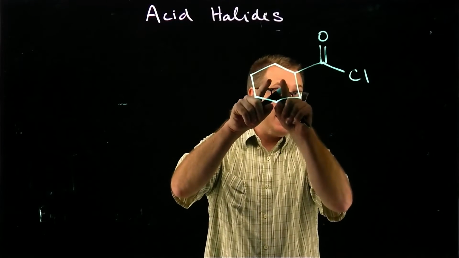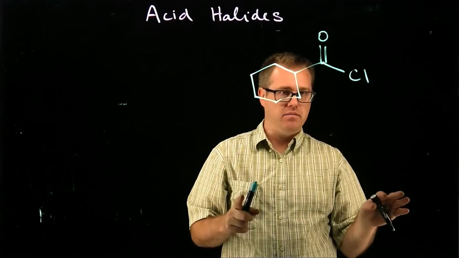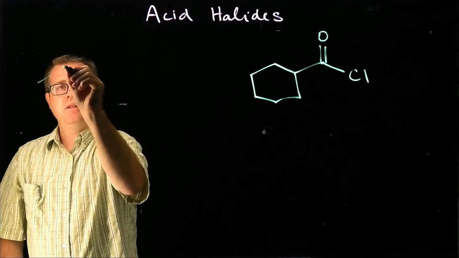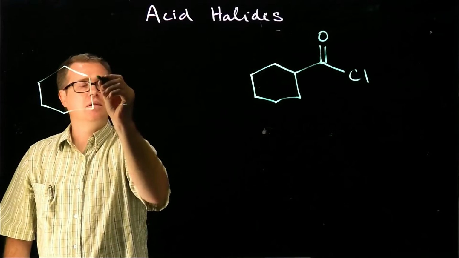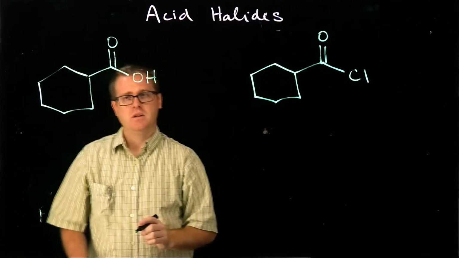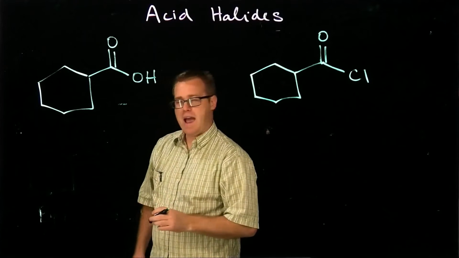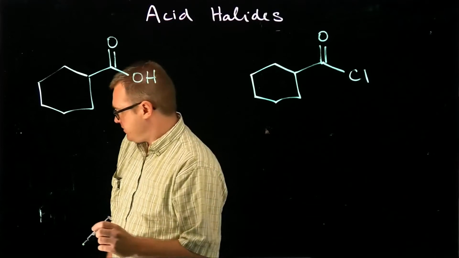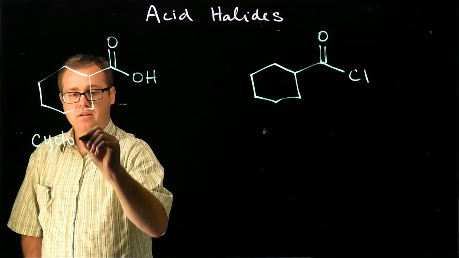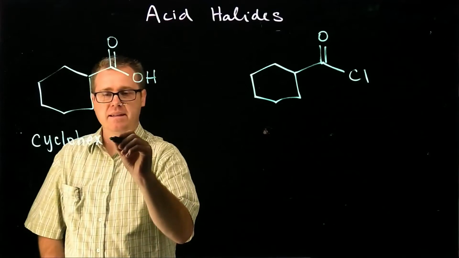Well, we have a ring now with the acid halide on the outside of the ring. So that is a derivative of this. To remember, when we have carboxylic acids on the outside of the ring, how do we name it? Well, this molecule is going to be called cyclo. That's a 6-membered ring, right? Cyclohexane.